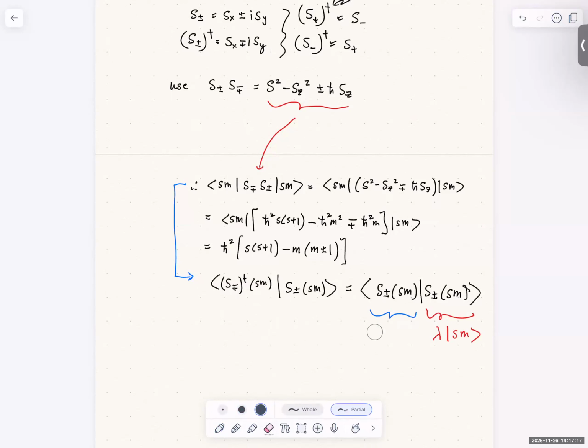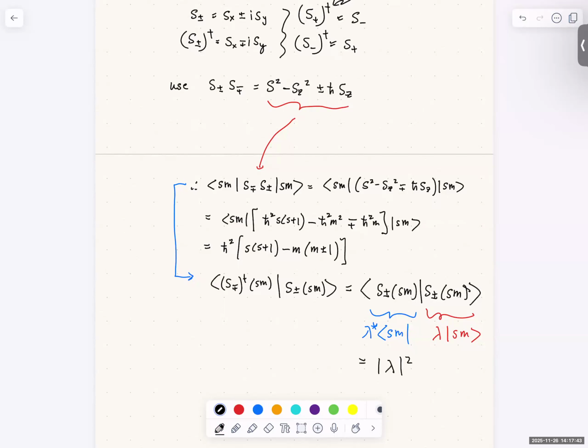This would be lambda star Sm. And so I'm going to get lambda times lambda star, that's the absolute square of lambda. But then I have these two eigenstates. They're identical. If they're normalized, they're going to give a 1. And so we end up with lambda squared.